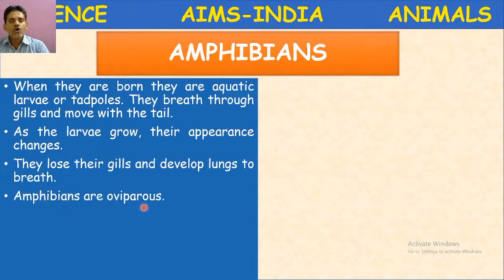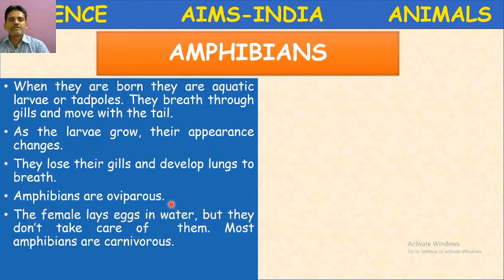Amphibians are oviparous. Oviparous means which lay eggs or which reproduce by laying eggs. The female lays eggs in water, but they don't take care of them. Amphibian parental care is very less.